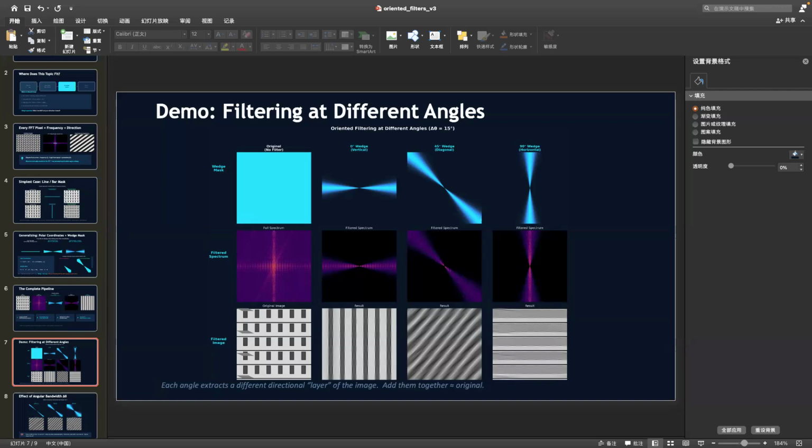Notice how clean the separation is. The floor lines are completely gone. Rotating the wedge to 45 degrees picks up the diagonal features, and at 90 degrees, only horizontal structure survives. Each result is like peeling off one directional layer of the image, and if you add all the layers back together, you'd approximately reconstruct the original, because together they cover most of the frequency energy.